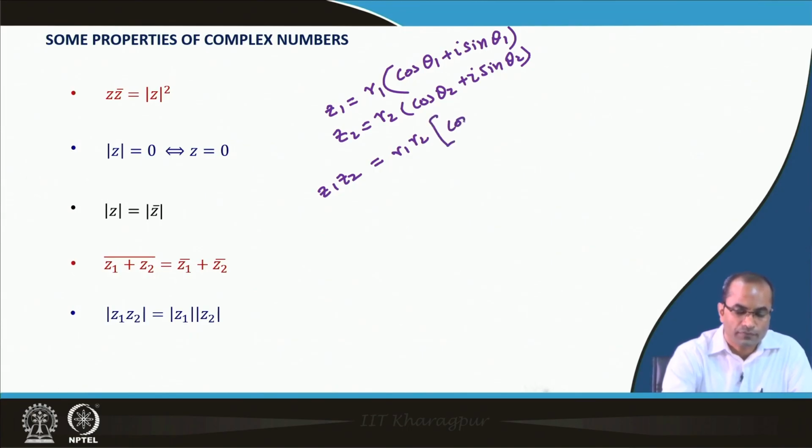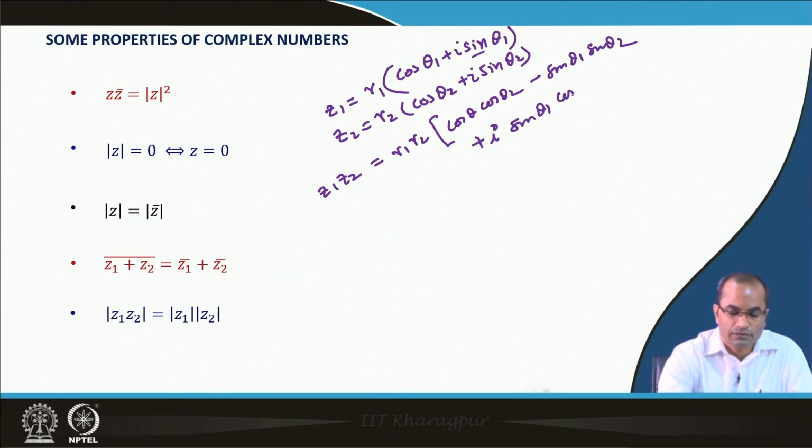So that will be cos theta 1 cos theta 2, and all real I will consider first. So this i squared will be minus, so minus sin theta 1 sin theta 2 will be there. Then with the i here we have sin theta 1 cos theta 2, plus cos theta 1 sin theta 2.